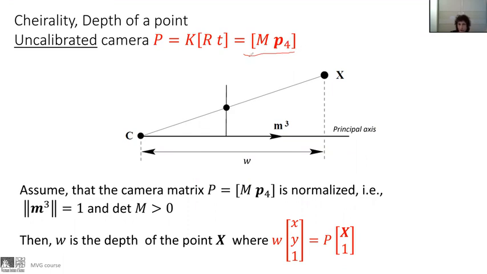This is the general form of the camera. I don't know K. I know just P, which is 3 by 4.